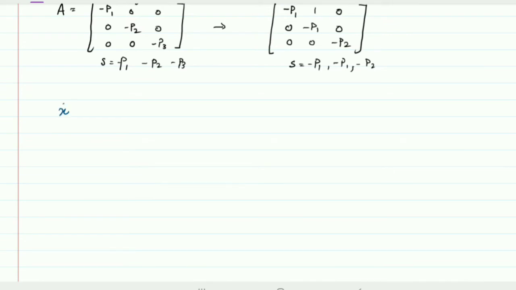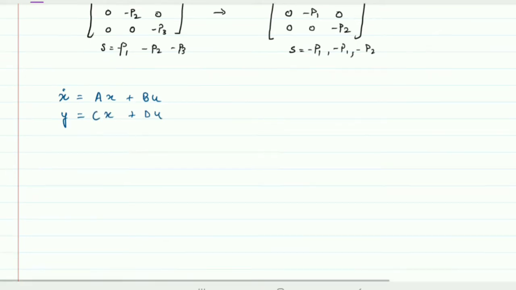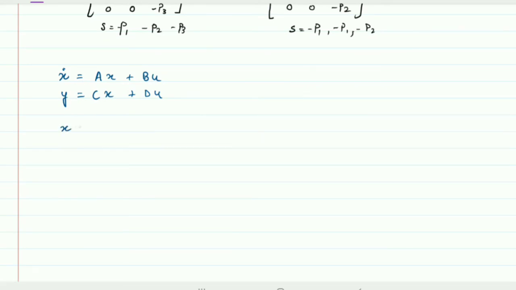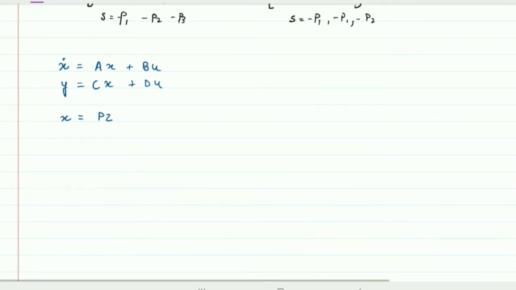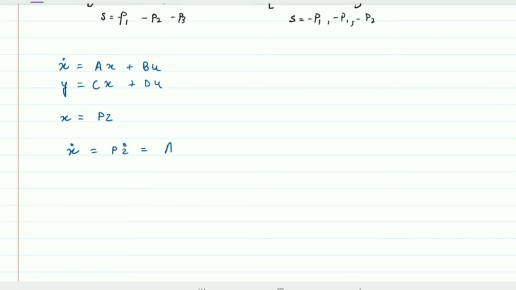Let's say we have a state space x dot equals Ax plus Bu, and the output y is equal to Cx plus Du. If you choose a matrix such that x equals Pz, transforming the matrix in this form, then x dot equals P z dot, which will be equal to APz plus Bu.